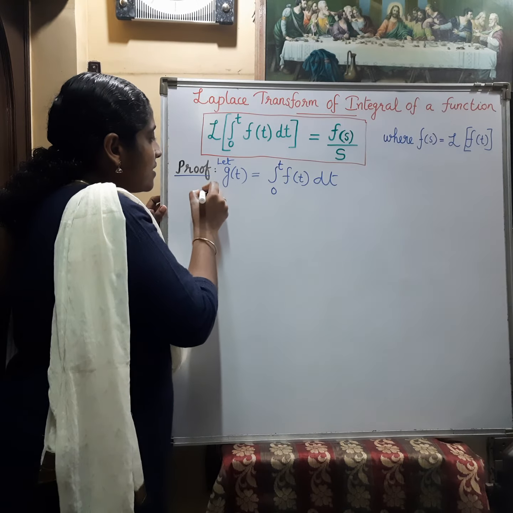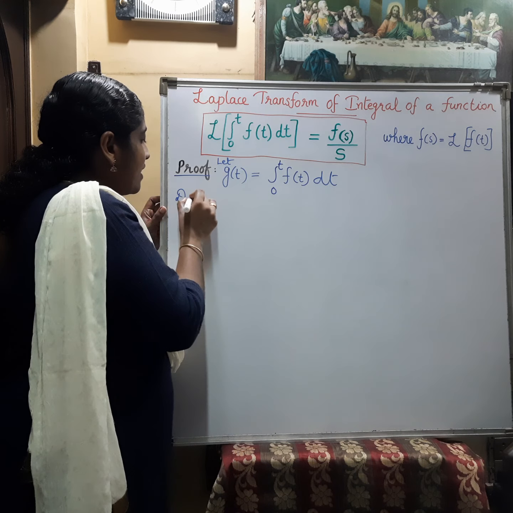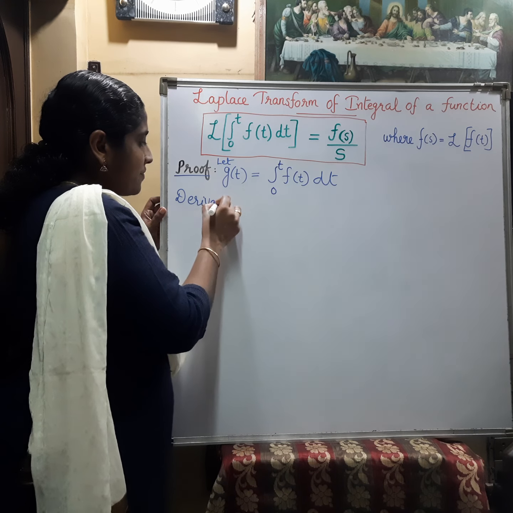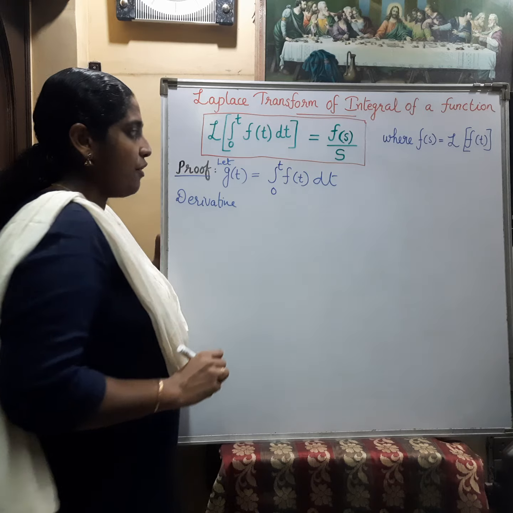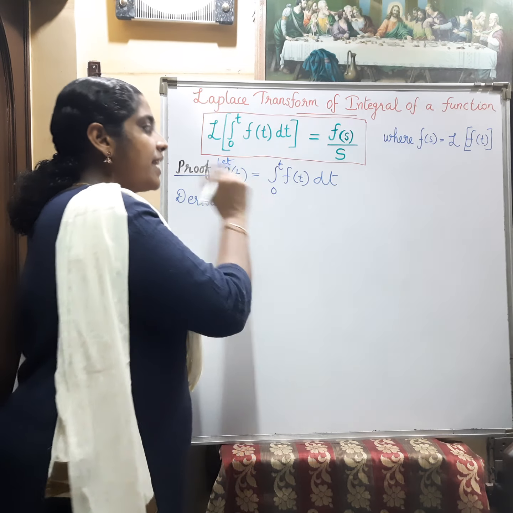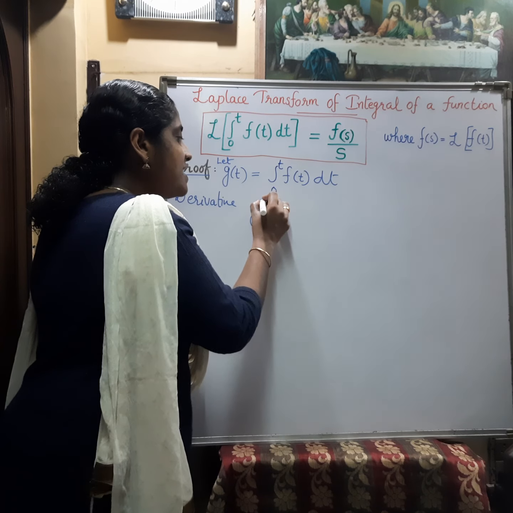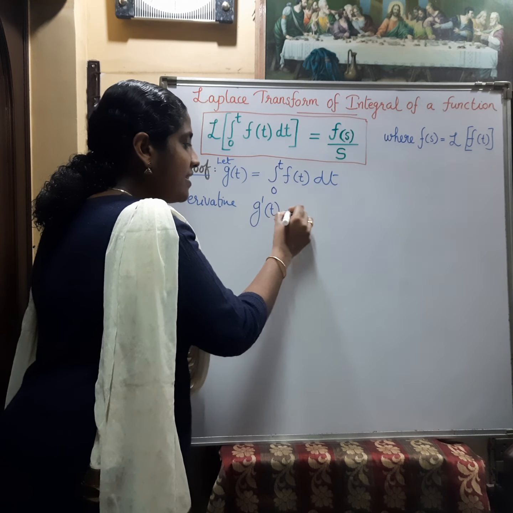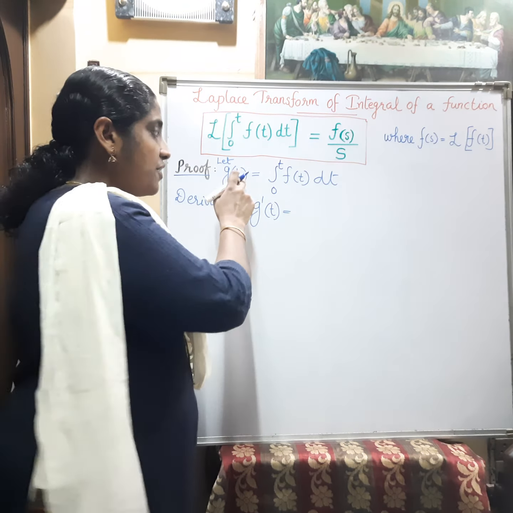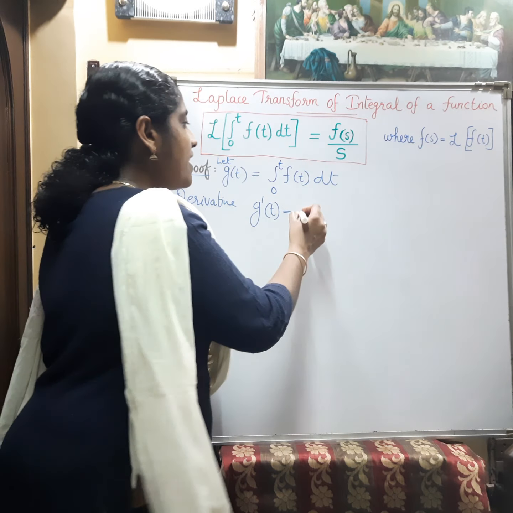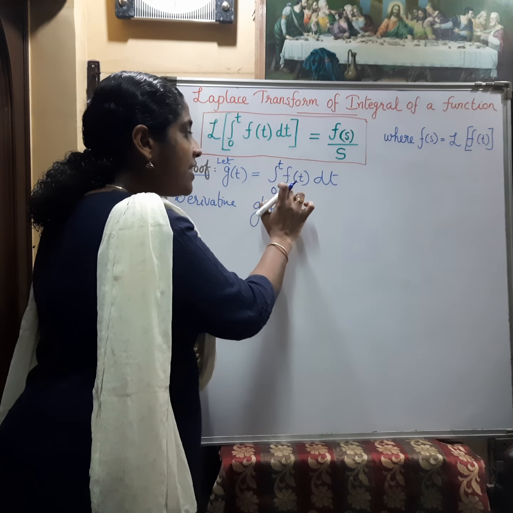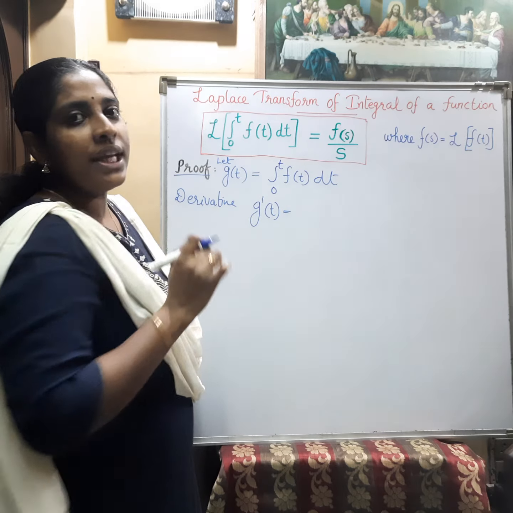Then if we take the derivative of this integral 0 to t f of t dt, what will we get? G dash t, that is the first order derivative of the function g of t, is equal to the derivative of integral 0 to t f of t dt.